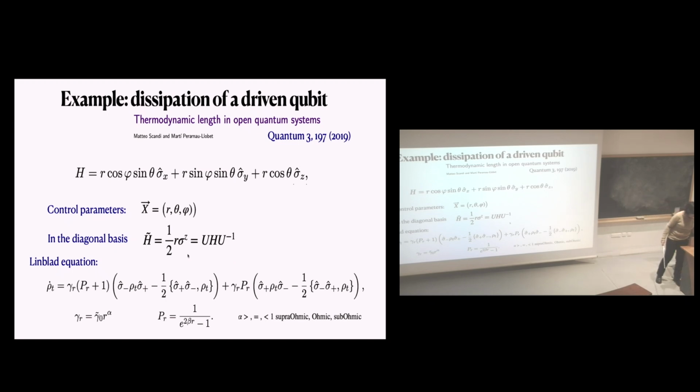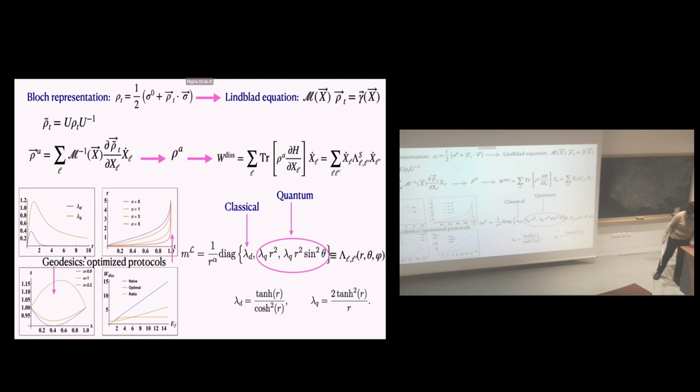And okay, so in this case, the transformation from the matrix to a vector is quite easy because we have this block representation. So this Lindblad equation can be expressed in this way in terms of these vectors.